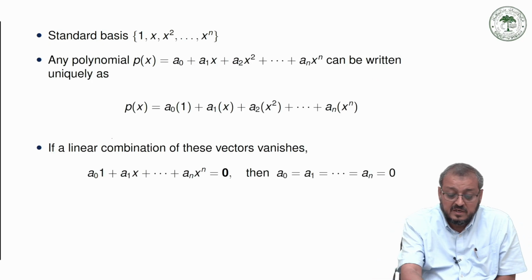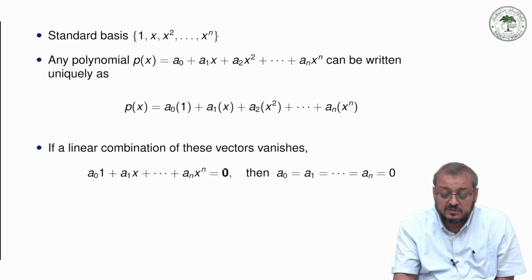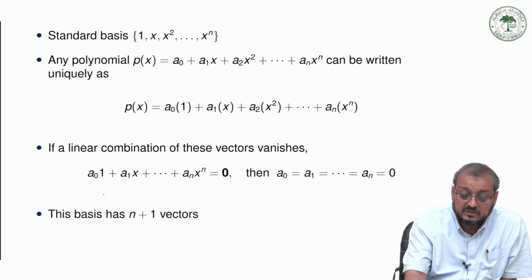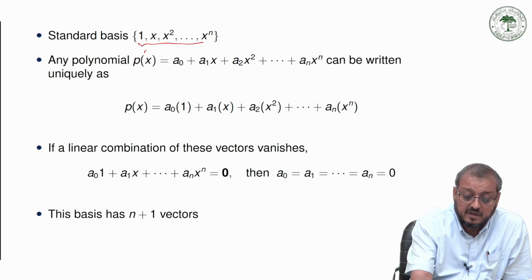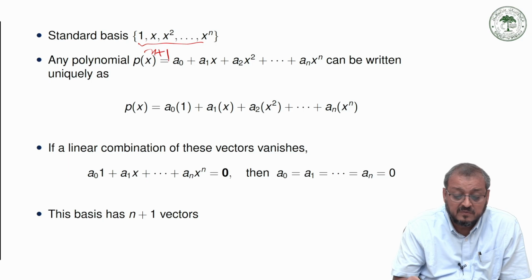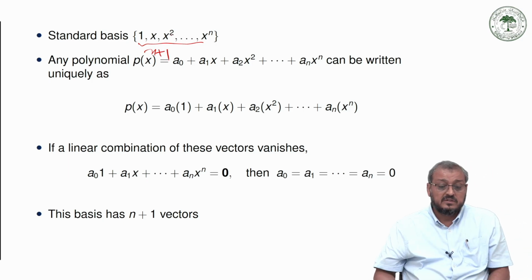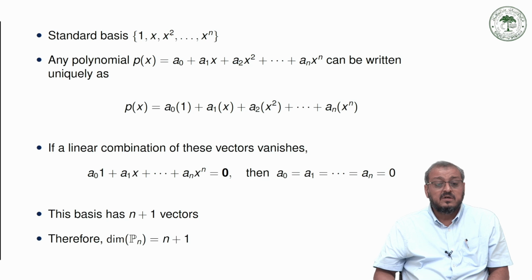A linear combination of this giving the zero vector always gives all scalars equal to 0. Because there are n plus 1 vectors, the dimension is clearly n plus 1.